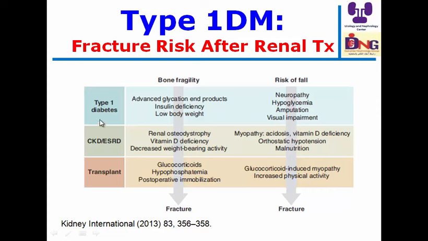For the transplant options available for these patients: kidney transplant, pancreas, pancreas after kidney, and combined kidney and pancreas. I mentioned that the best option for type 1 diabetes is to proceed with combined kidney and pancreas, or pancreas after kidney if the patient has a living donor.